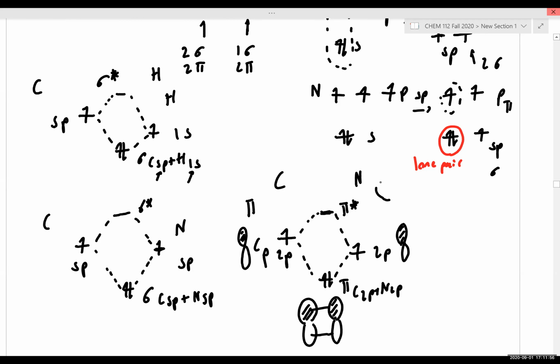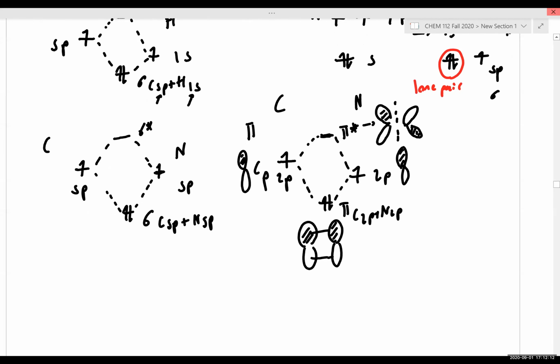The pi star occurs when we have two regions of opposite phase attempting to overlap. So this is what a pi star looks like. This is what the pi bonding orbital looks like.